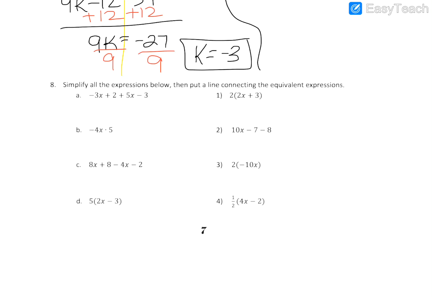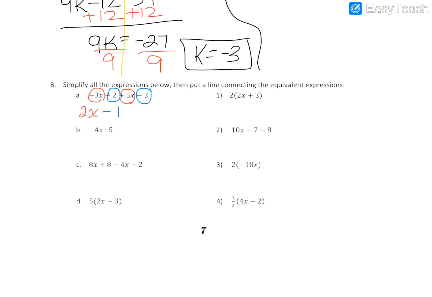Okay, so we're going to start by simplifying everything. Okay, go ahead and simplify a. All right, so let's look. We have our two x values. -3, +5 is 2x. We have our constants. -3 and +2 is -1. All right, let's go to the next one.